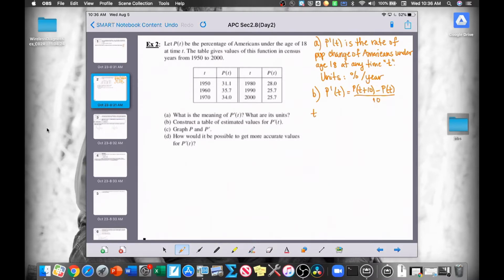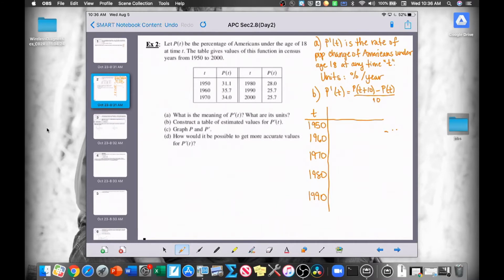So if we build a table of years, starting with the year 1950, we're just going to do the math here.